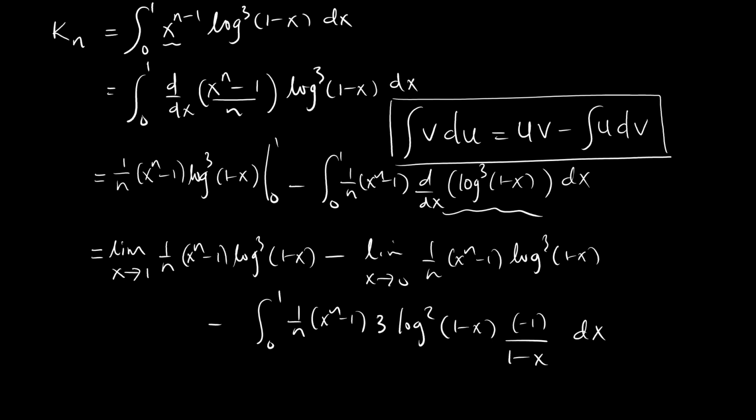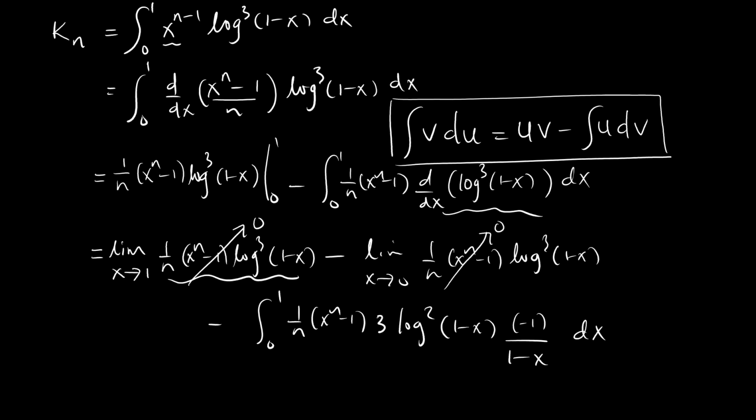So what we see here is that this guy goes to 0 because 1 to the n is 1, 1 minus 1 is 0, so this goes to 0, and also this part goes to 0 since log of 1 is 0.